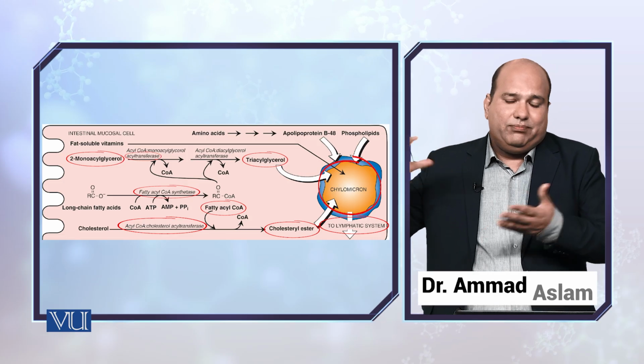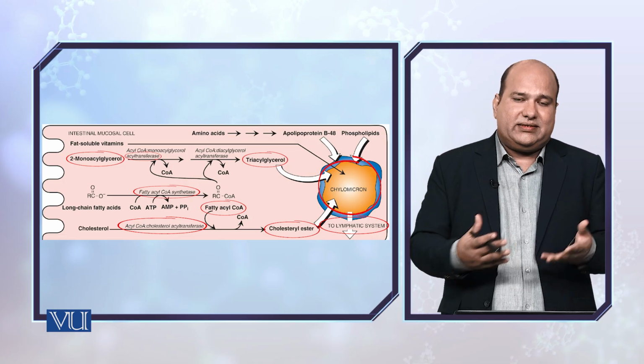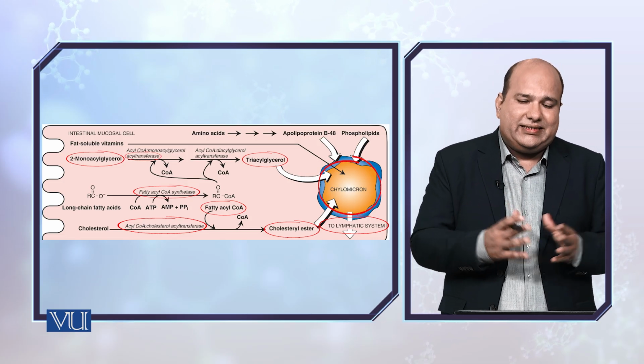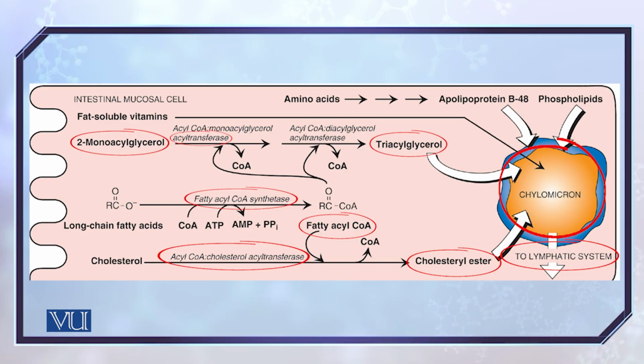Most of your cellular environment is of course fluidic, it contains water. So in order to deal with this, nature has devised different ways. At certain times it makes micelles, at other times it makes chylomicrons, and in this way the lipids finally move towards their final destination for their final catabolism.